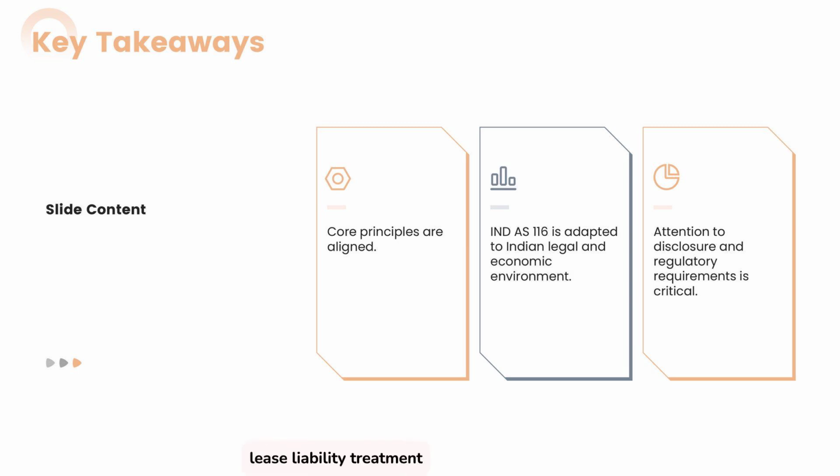Foreign exchange lease liability treatment differs, with IND AS 116 allowing capitalization. Finally, enforceability under IND AS 116 emphasizes legal aspects. Both standards aim to improve lease transparency and comparability. IND AS 116 is conceptually aligned with IFRS 16 but tailored to India's legal and economic framework.